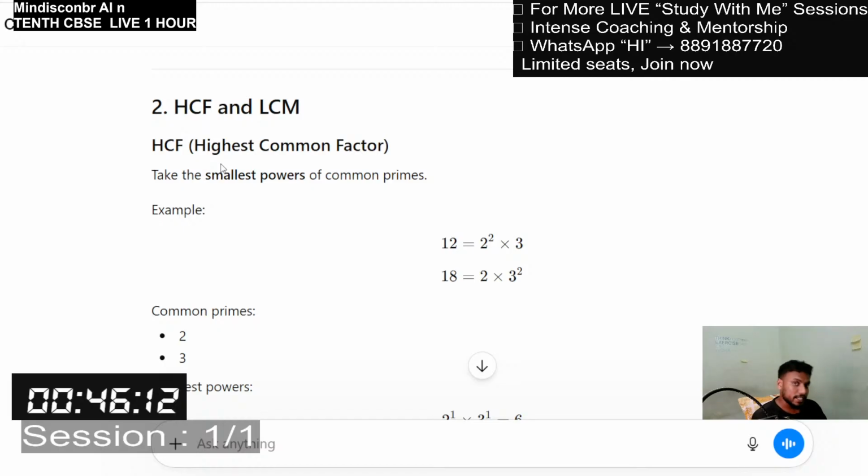From these common factors we take the lowest power, because in 12 there is 2 square and in 18 there is 2. So when taking HCF, we take only the lowest power. That is, from 2 square and 2 we select 2, and from 3 and 3 square we select 3. That's why the HCF is 2 into 3, that is 6.